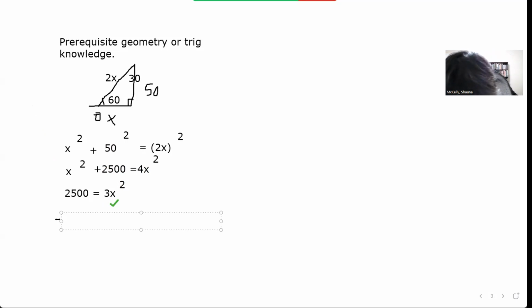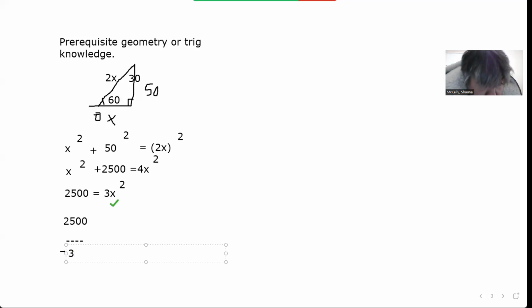This is 2,500 over 3. So 2,500 over 3 is equal to x squared.